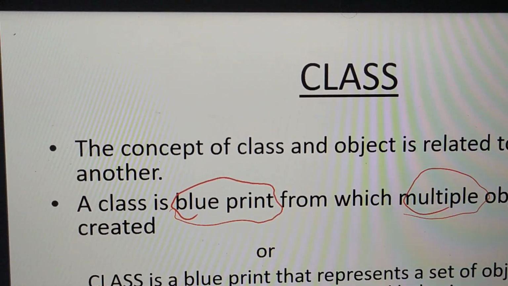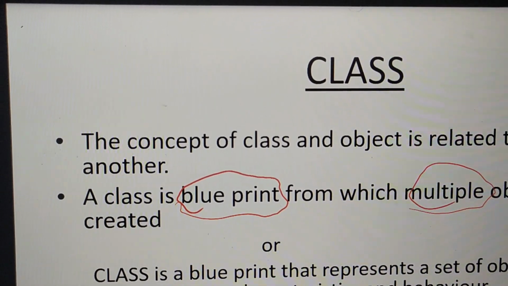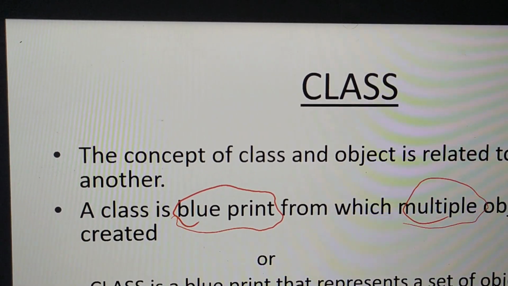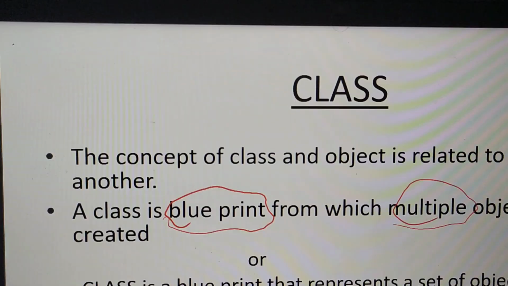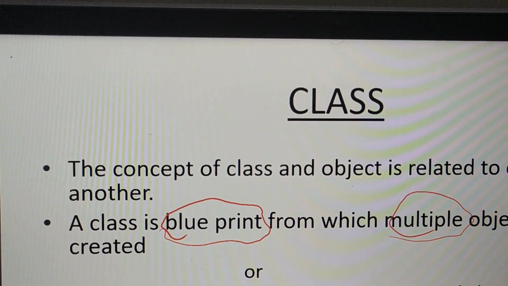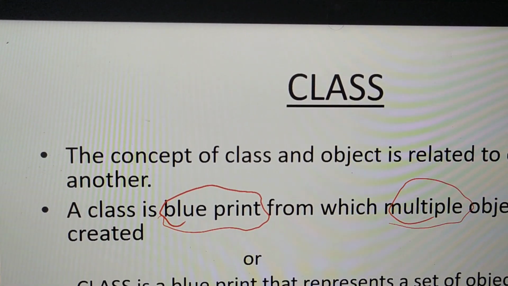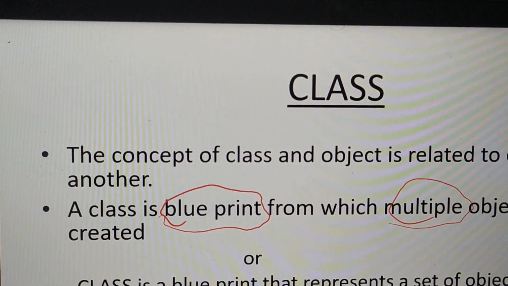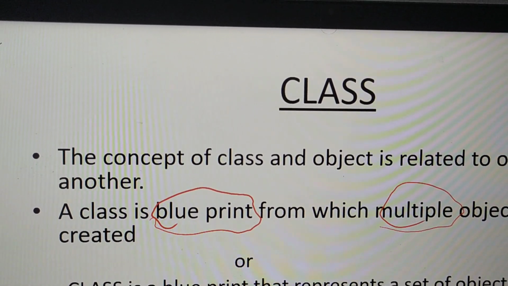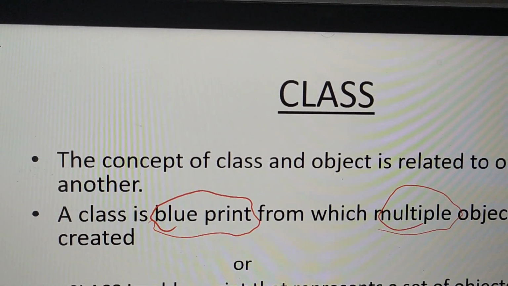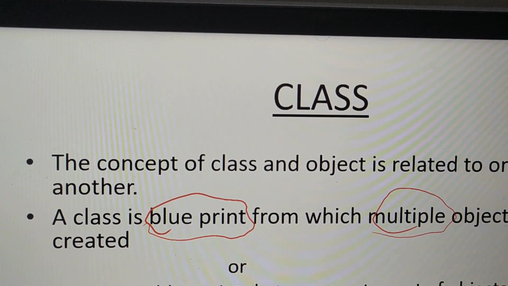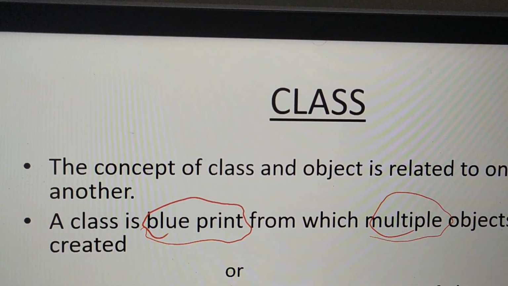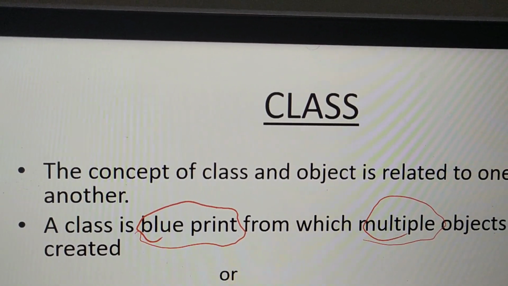Now again come back to the blueprint. What is the meaning of the blueprint? From this example you can understand clearly. You know the architect, what does he have to do? He designs a plan for the house on paper. That design is nothing but the diagram of the house. From this diagram or design, the mason has to build the house.